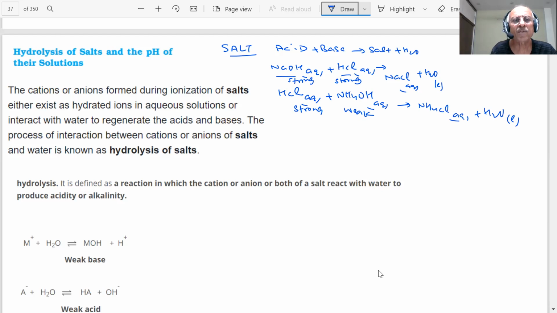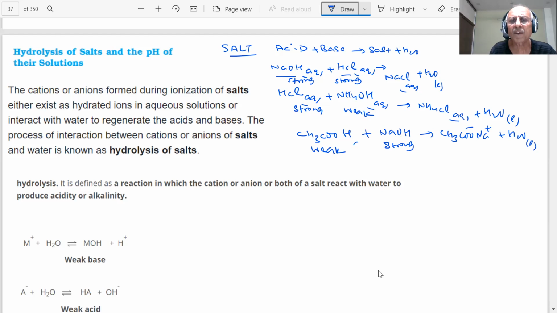Now I am taking a weak acid and a strong base. What will you get? This is CH3COOH, weak, and this is NaOH, strong. What is the salt? CH3COONa plus H2O, students.